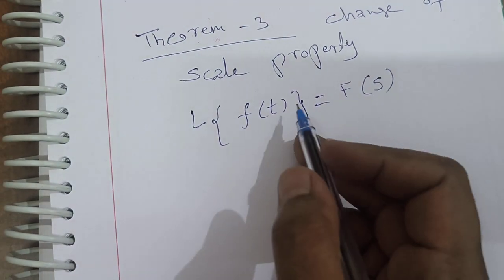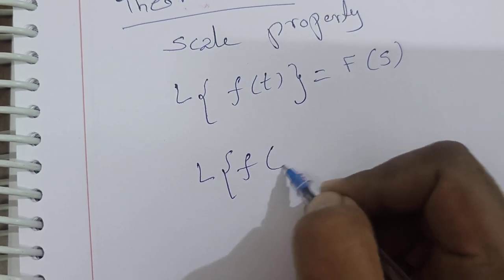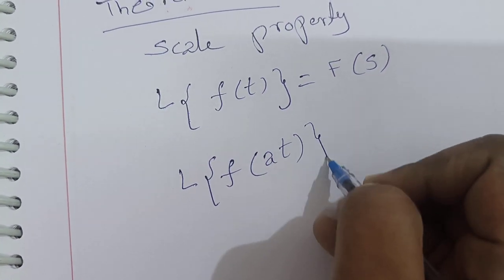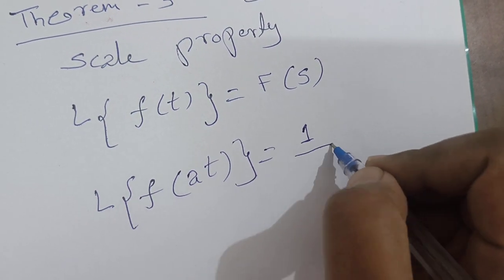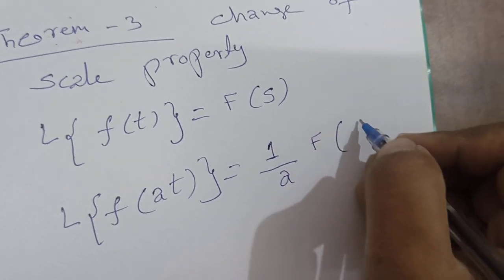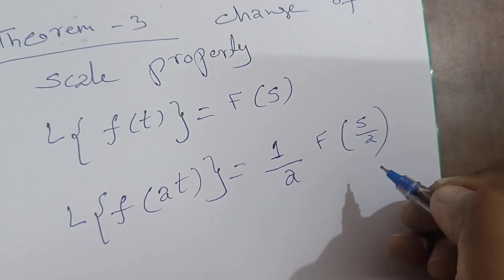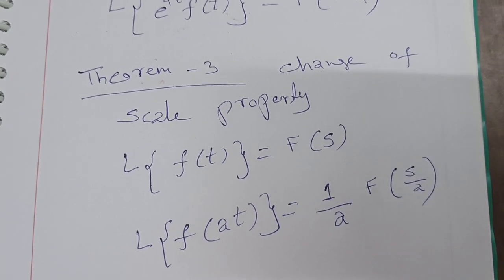So, in place of t, if we write L of f of at, the coefficient of t comes in the denominator and it becomes 1 by a times F of s by a. We will derive this formula in the next video.